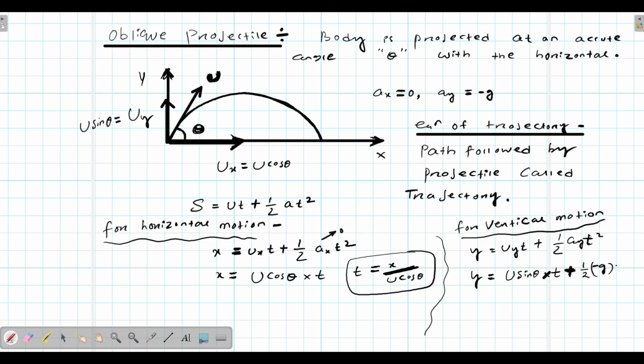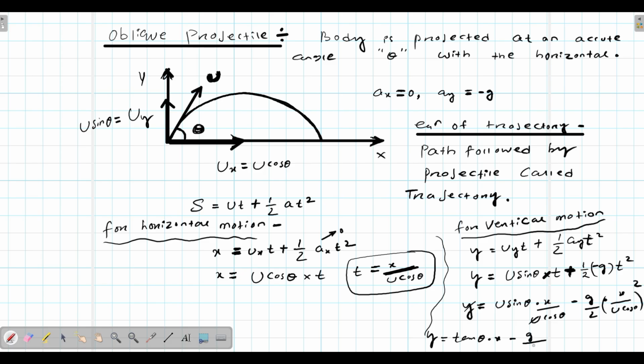So y equals u sin theta, with t equals x by u cos theta, minus g by 2, t equals x by u cos theta whole square. After solving, y equals tan theta into x minus g by 2u square cos square theta into x square.